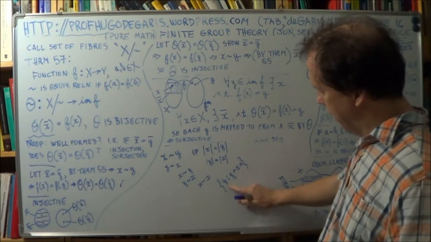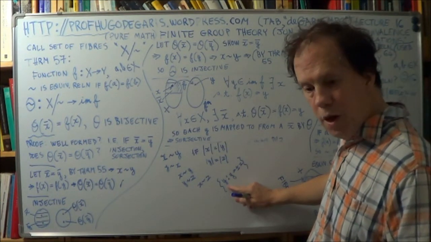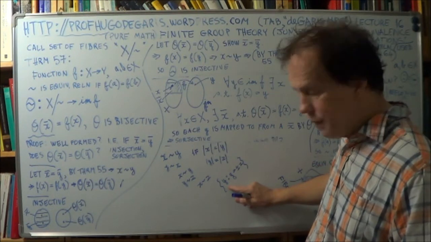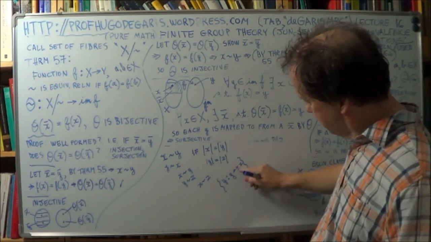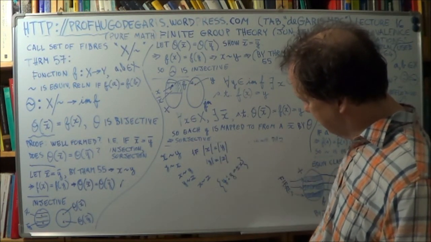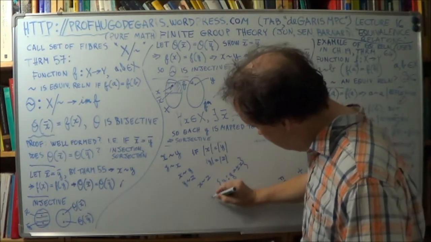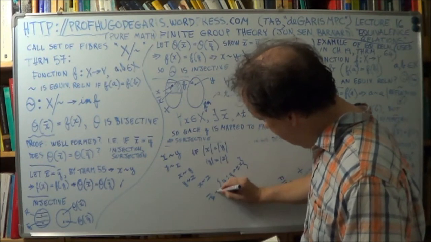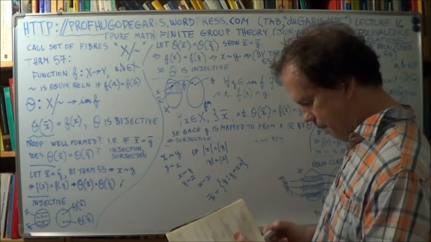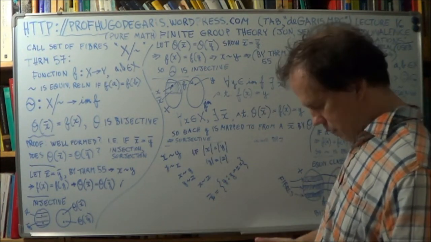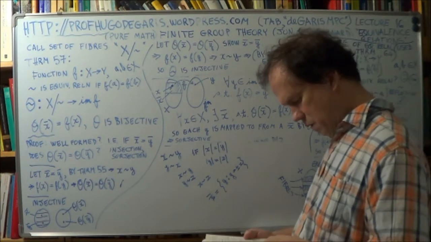So each congruence class has two members, plus or minus the value of this one. So in other words, x bar is this. Okie dokie.